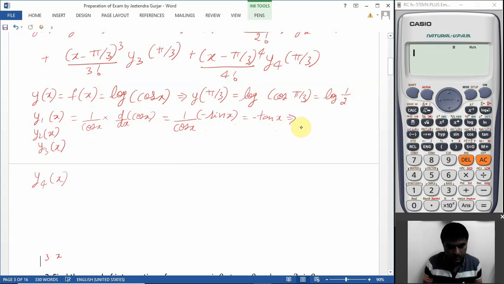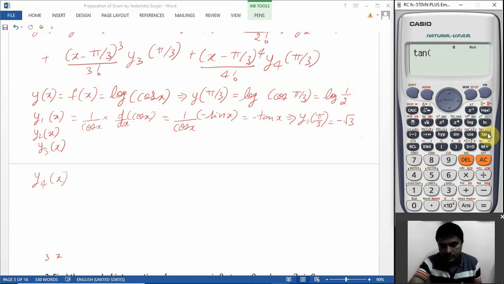So now substitute x is equal to pi by 3. So y1 of pi by 3 is equal to minus tan pi by 3. So minus tan pi by 3 is nothing but it is root 3. So you can just put it in the calculator.